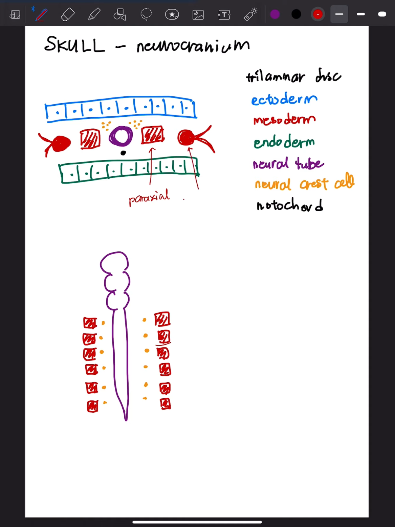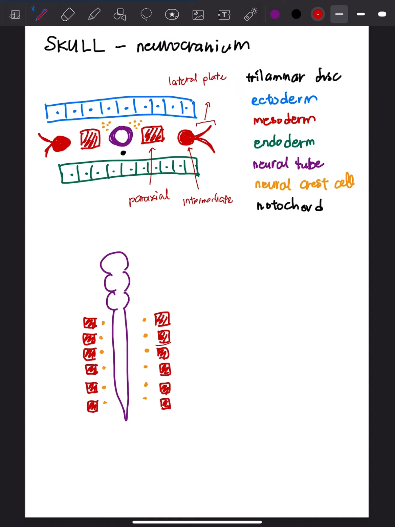Lateral to that is the intermediate mesoderm. All of these are mesoderms anyway. And lastly, at the sides here, this is called your lateral plate mesoderm.